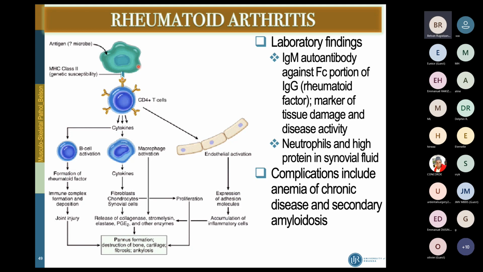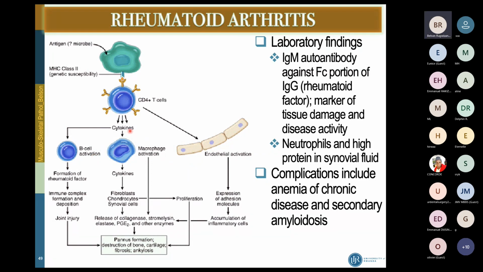So here then this antigen presenting cell will present the antigen via the MHC class 2, and then it will present part of the antigen, the epitope. It will present it to CD4 cells. Then these CD4 cells will release cytokines. These cytokines will activate B cells. As you know, when a B cell is activated, it becomes plasma cells and produces antibodies.